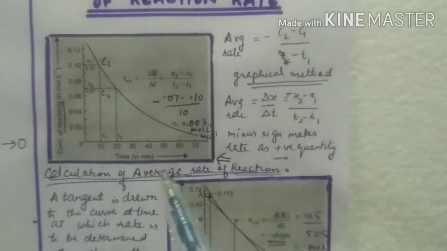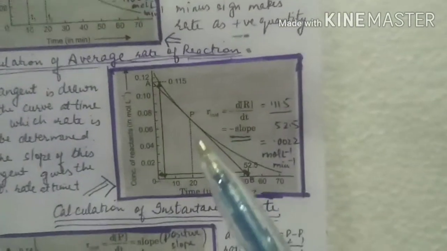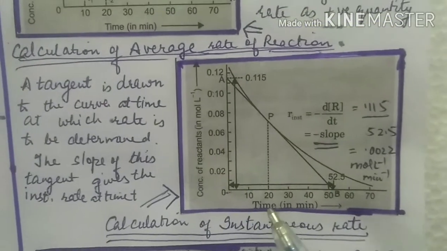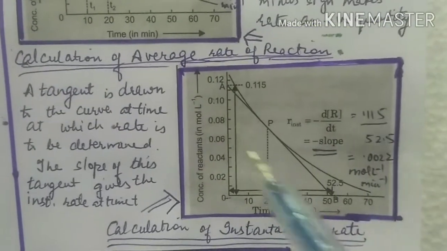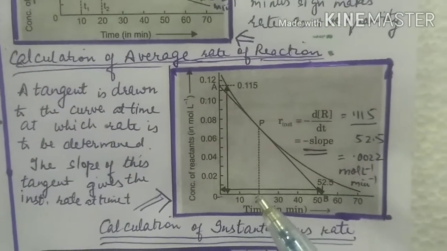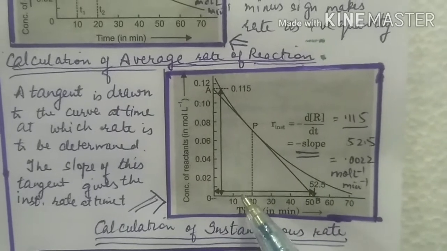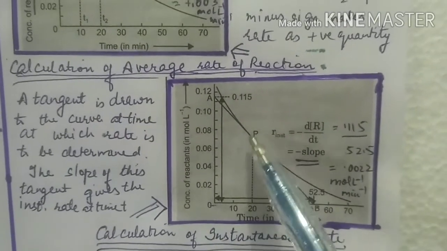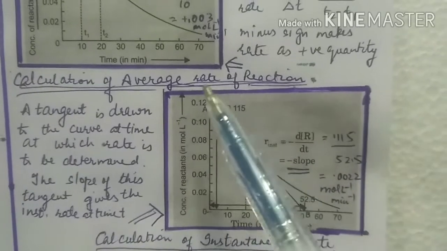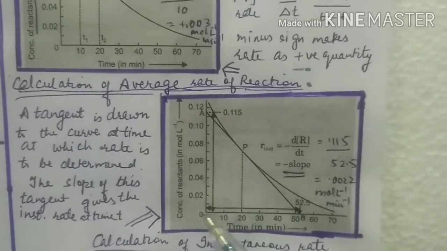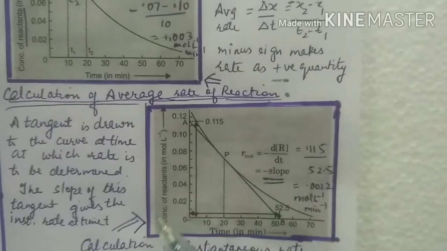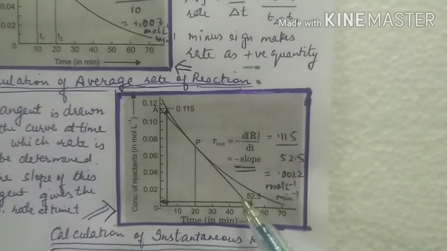To calculate the instantaneous rate of reaction, this is concentration of reactants, this is time. We plot the graph, and say at the 20th minute, if you want to find out the instantaneous rate, then at that point you draw a tangent to the curve. Now the slope of this tangent will be change in concentration upon change in time.